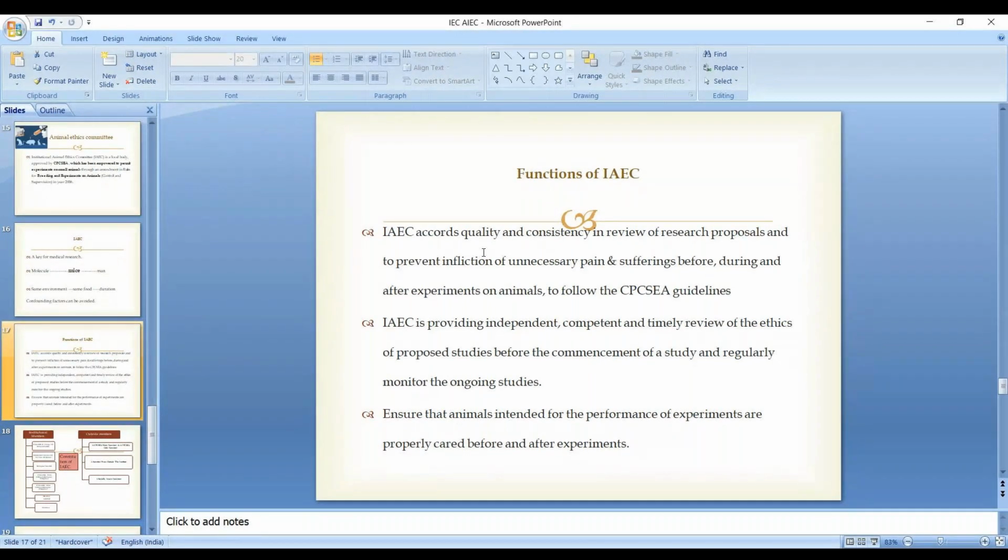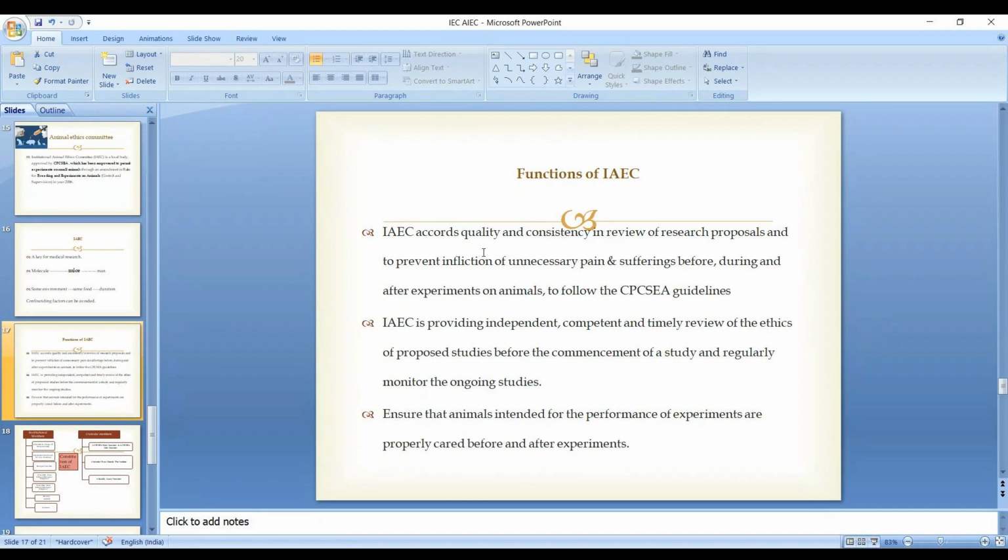And very important is to prevent infliction of unnecessary pain and suffering before, during, and after experiments on animals. What CPCSEA says is that we should not give unnecessary pain and suffering to the animals. So the IAEC takes care of all that. They review the proposal so that we are not giving any pain and suffering to the animals.